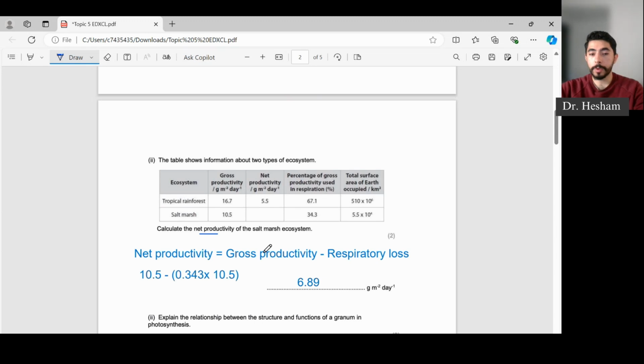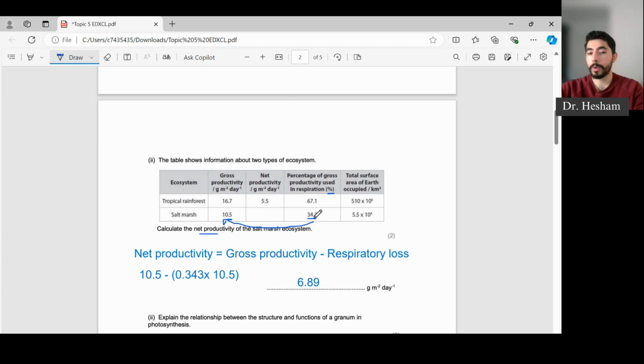So gross productivity for salt marsh is 10.5. We subtract the respiratory loss from that. Now the respiratory loss is given as a percentage. It's not a number. It's not an energy. So it's a percentage of the gross productivity. So we have to find how much that is in energy. So we want to find 34.3% of 10.5.